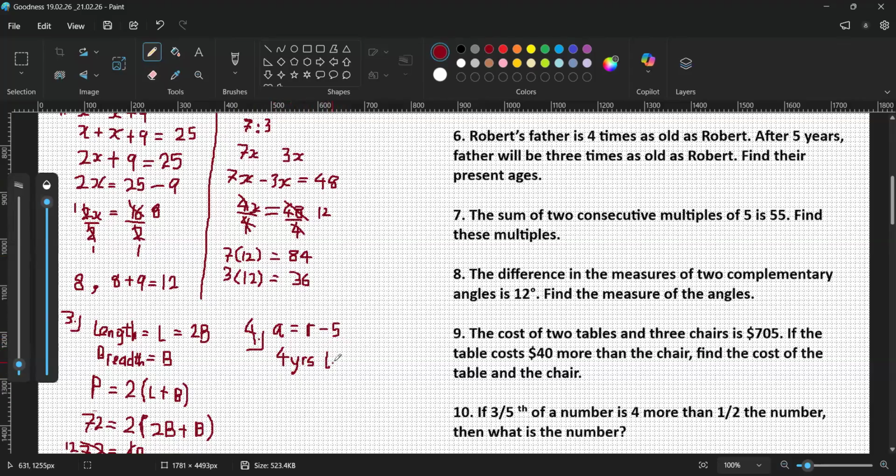4 years later, right? What happens 4 years later? 4 years in the future, right? A plus 4. Now, don't worry, I'll go back to the question because the question said something very, very important. Aaron's age will be A plus 4, and Ron's age will be what?